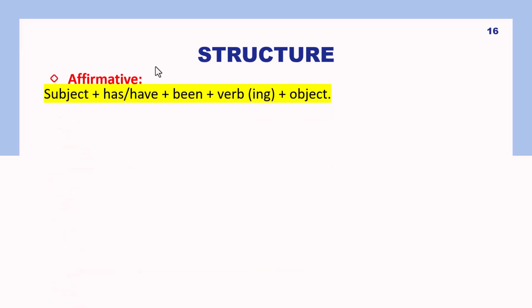Now let's look at the structures and learn how to make sentences in present perfect continuous tense. For making a positive or affirmative sentence, the first thing you need to use is the subject, and then use has or have, then use been, then verb ing, and finally use object.